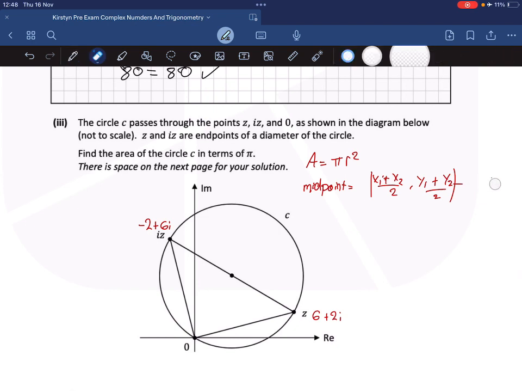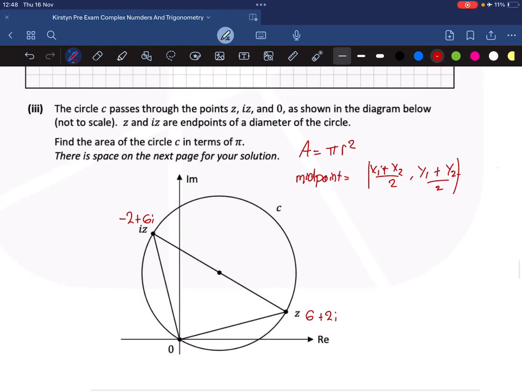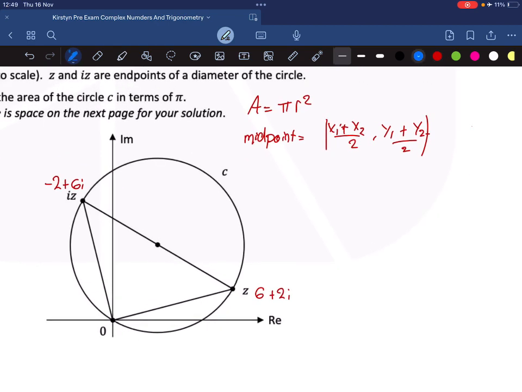So we know that the midpoint is x1, which is minus 2, plus x2, which is 6, divided by 2. And I'm just going to leave the i's out of it for a second, or you can leave them in. So you have 6i plus 2i divided by 2. This comes out to minus 2 plus 6 is 4, divided by 2 is 2. And then 6i plus 2i is 8i, divided by 2 gives you 4i.